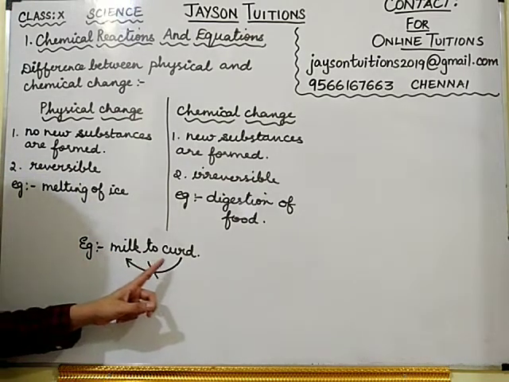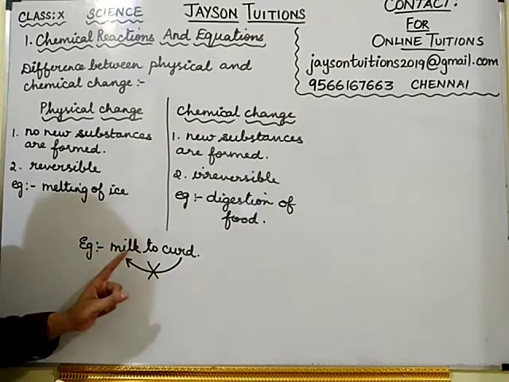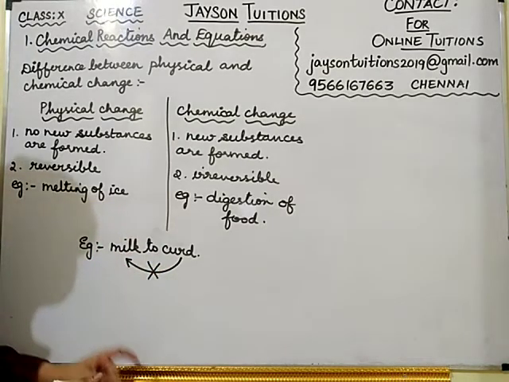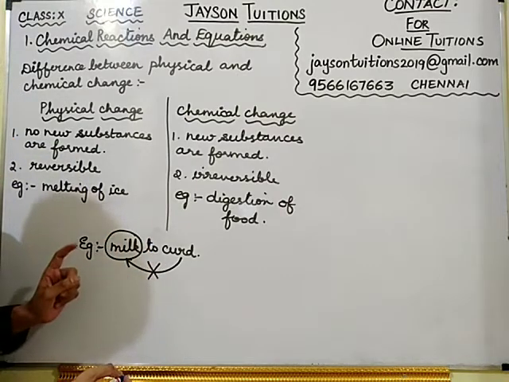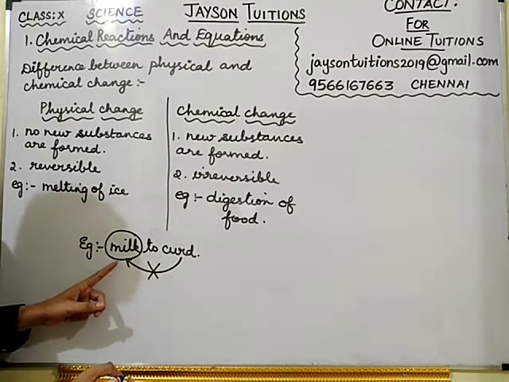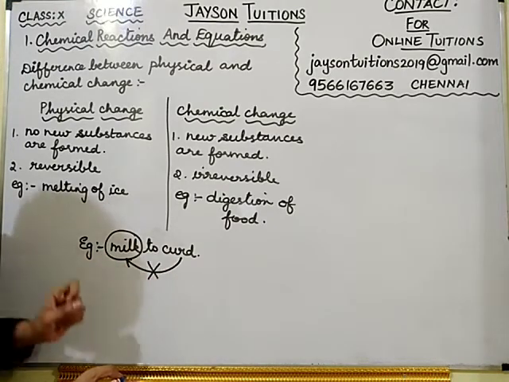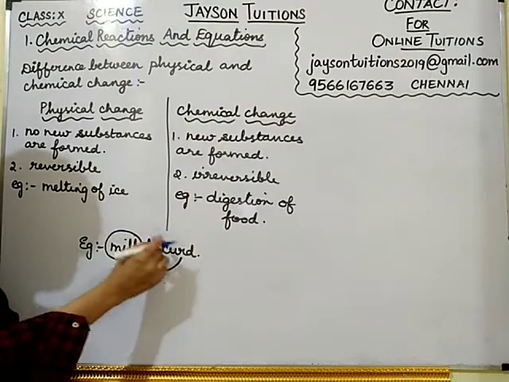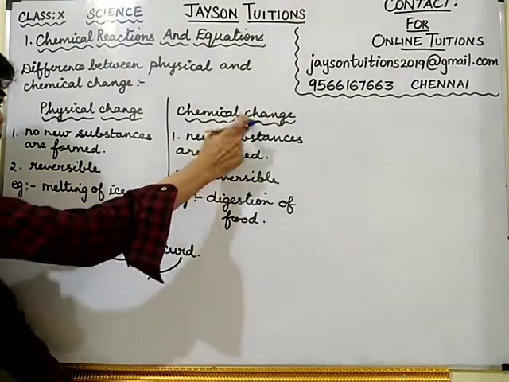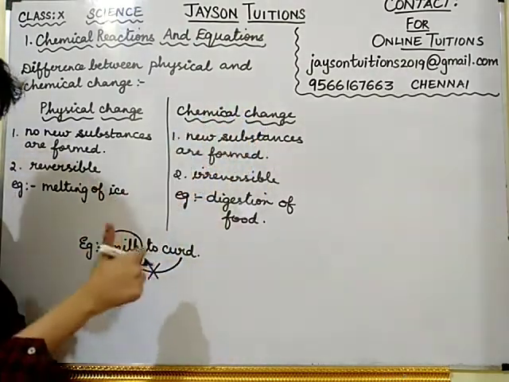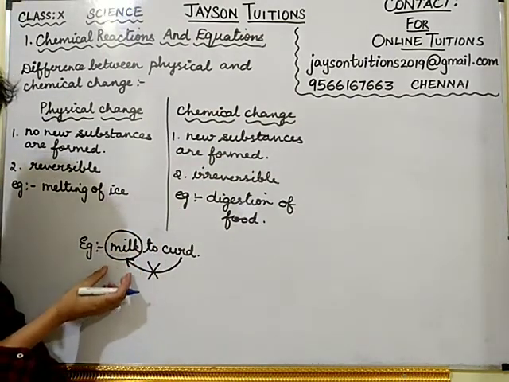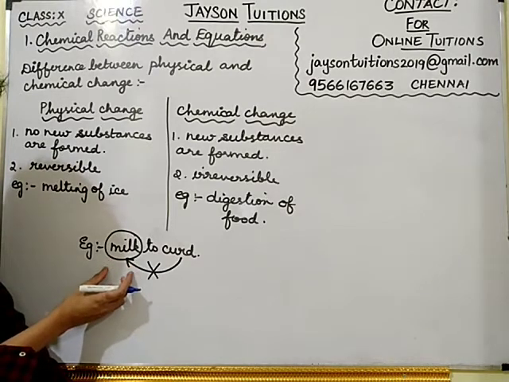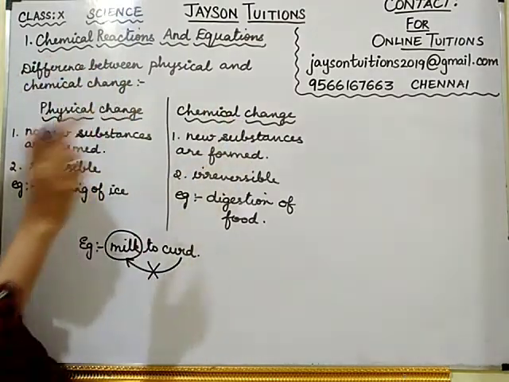So why is milk changing into curd? Because some reaction is taking place in the milk. Because of this reaction only, it is changing into curd. So milk changing into curd is an example of chemical change. That reaction only is responsible for this chemical change.